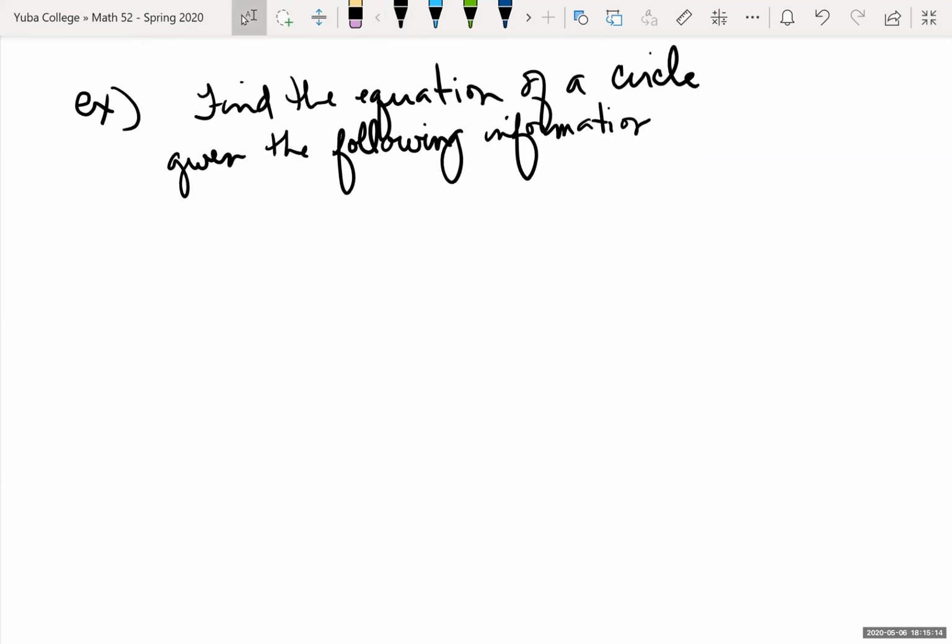Okay, so let's say they gave you that the center is at the origin, and it passes through 4, 7.